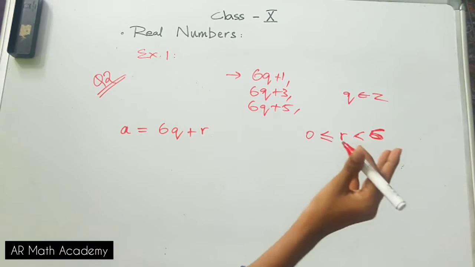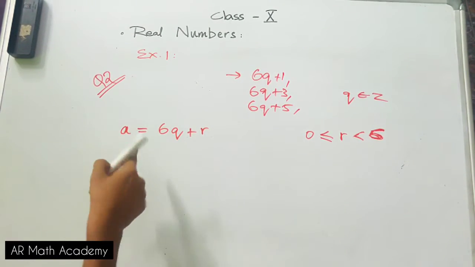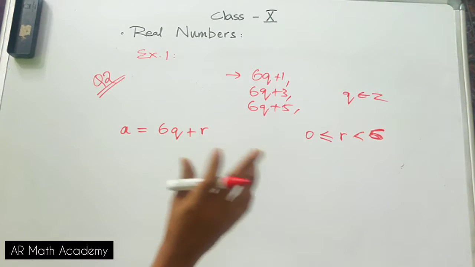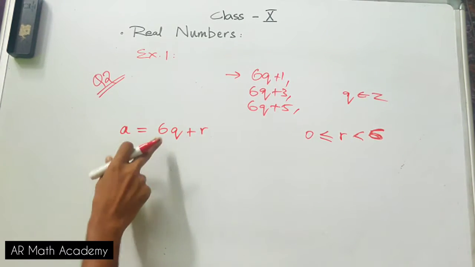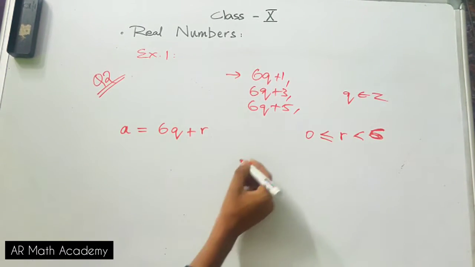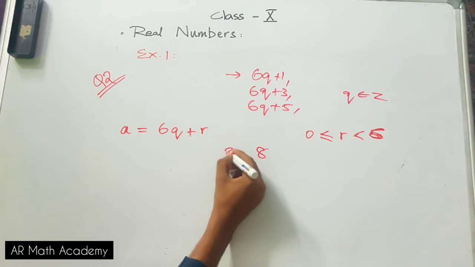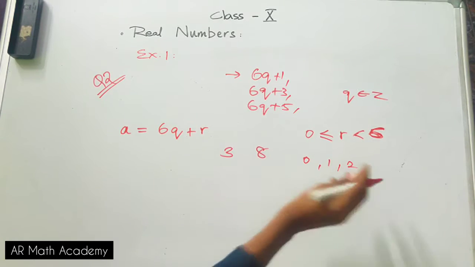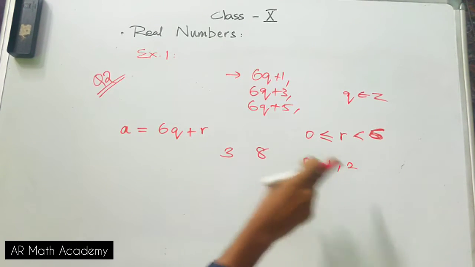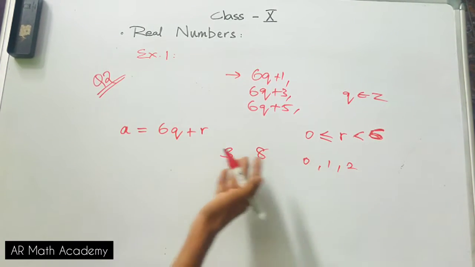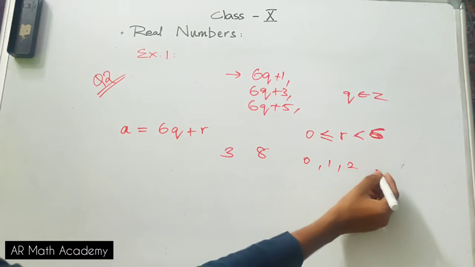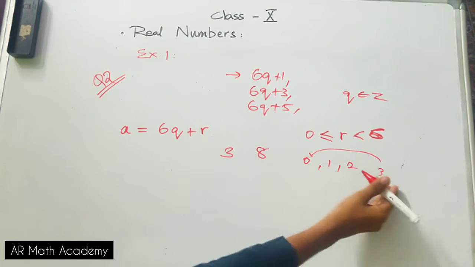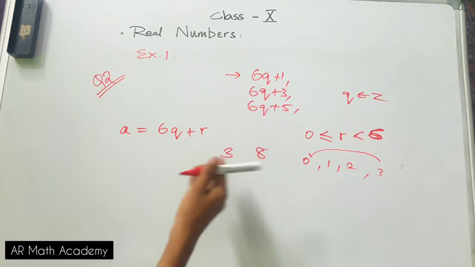It cannot exceed 6. Why can't it exceed 6? Because your remainder always stays less than your divisor. Suppose you divide 8 by 3. The remainders you can obtain are 0, 1 or 2 only, because if you get 3 as a remainder, it again corresponds to 0, since 3 is divisible by 3.